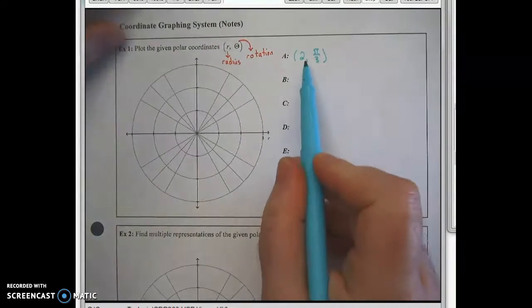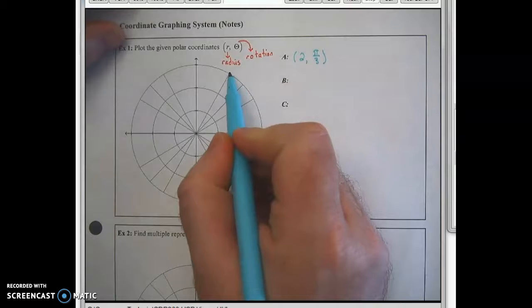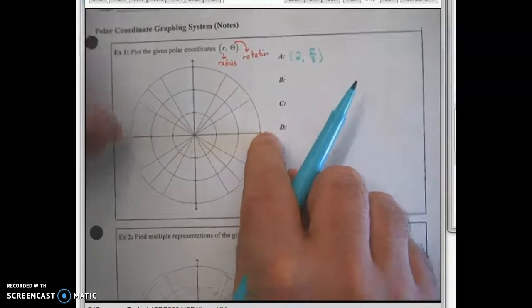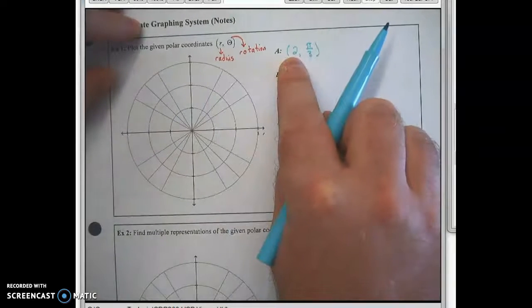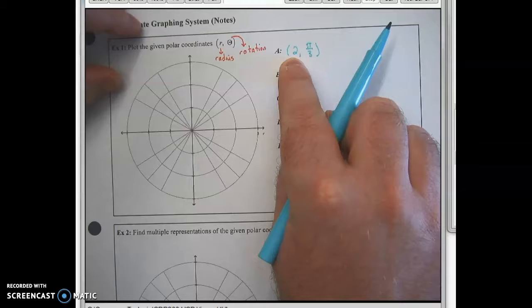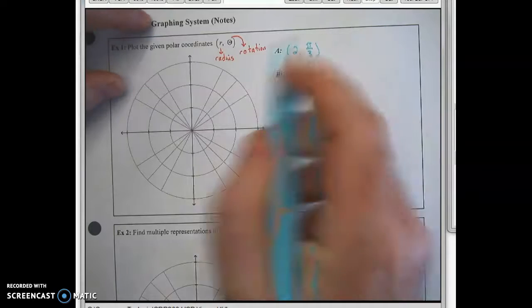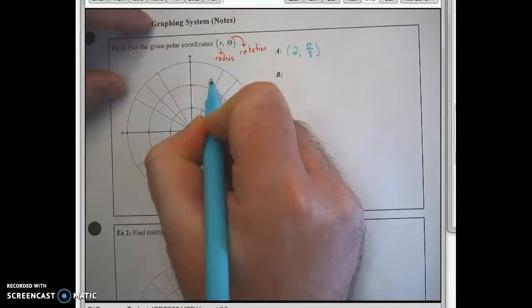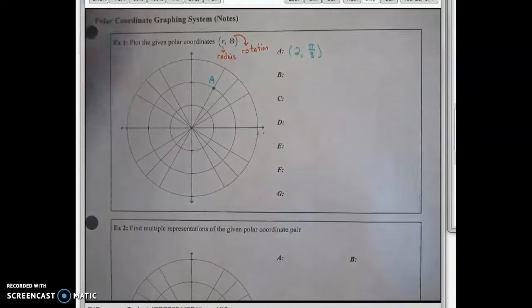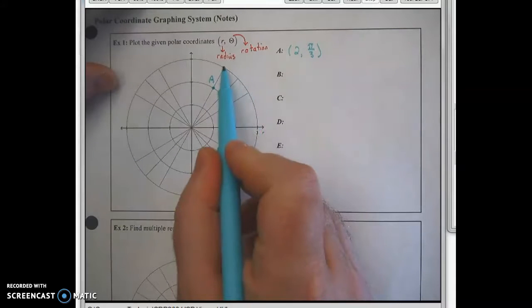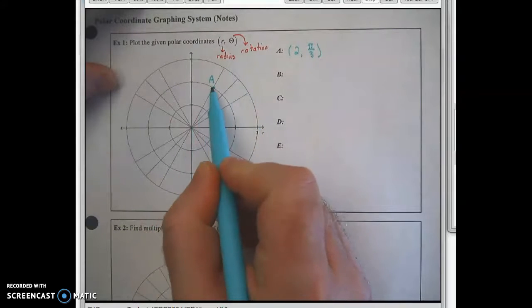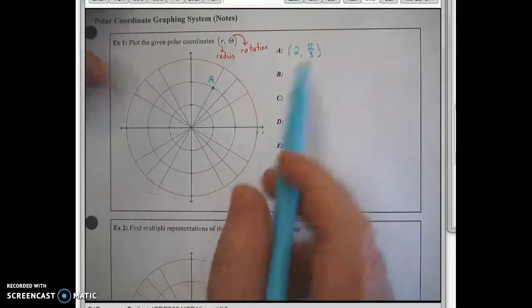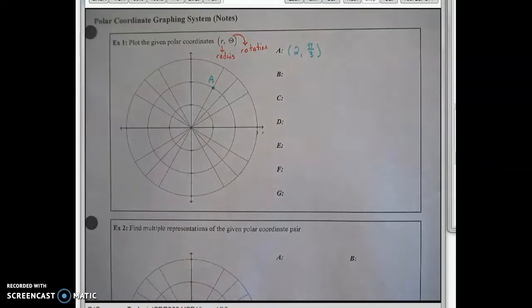Remember, pi over 3 is 60 degrees, so that would be right here. Then from the origin I'm going to go a distance or a radius of 2. So 1, 2, that would take me right here. That would be considered the point A. I went a rotation of pi over 3, and a radius from the origin of 2.